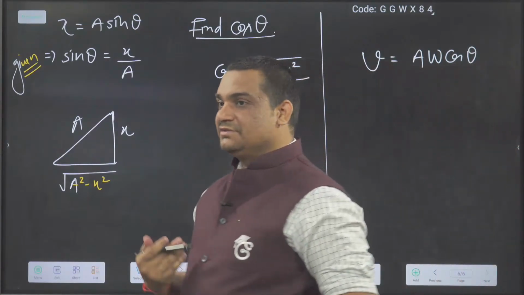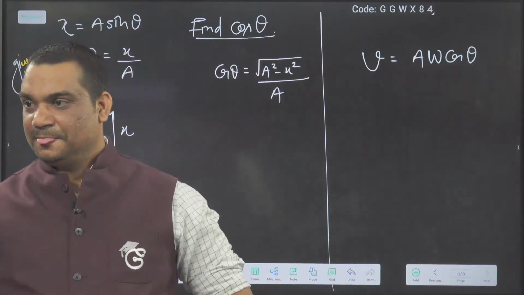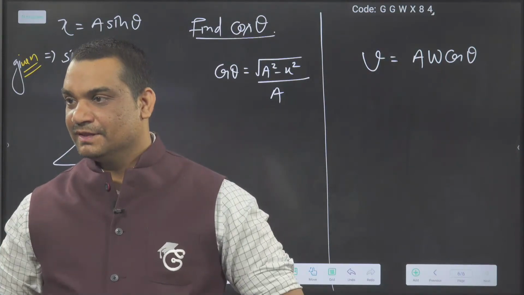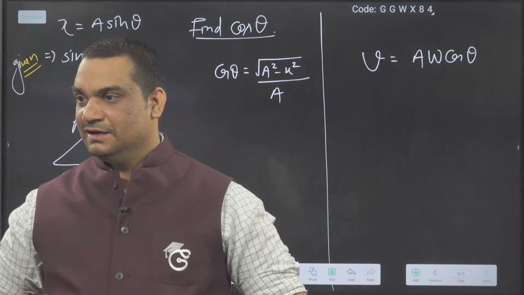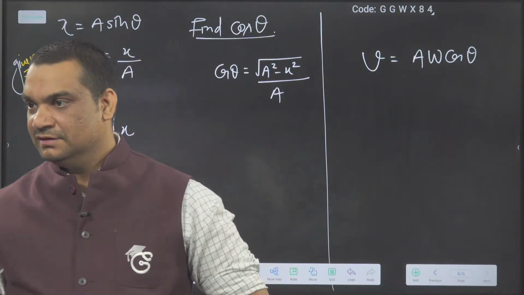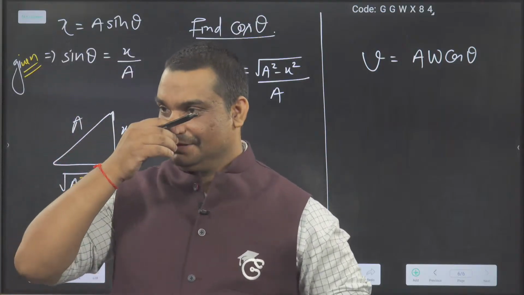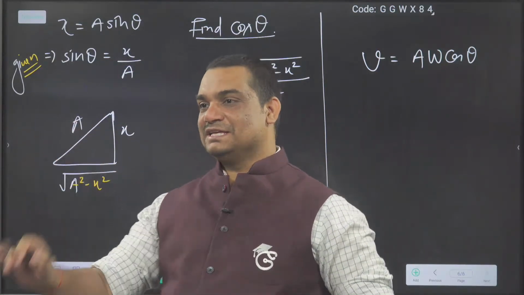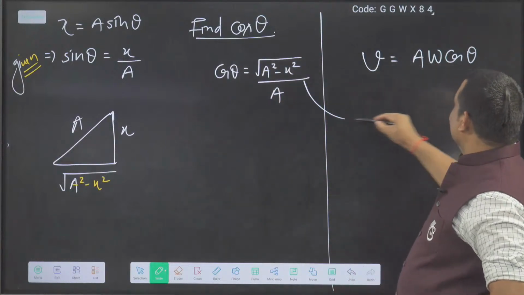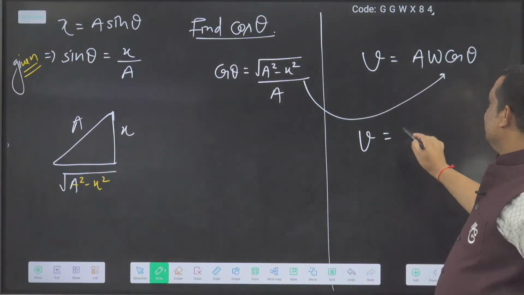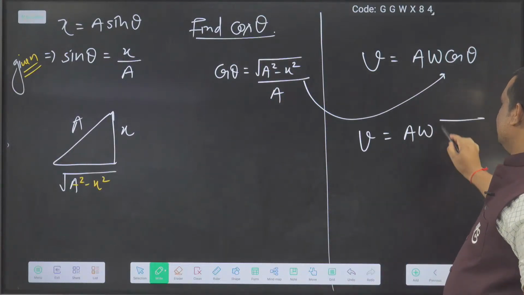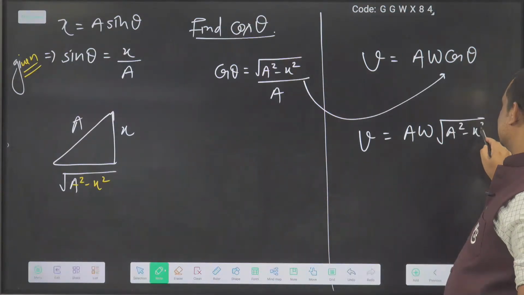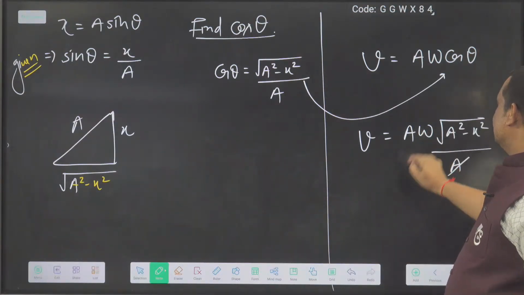Then I will say, find another formula. Here you have to replace cos theta, so you get v equals a omega times cos theta written like this. Now a will cancel, and you get the formula.